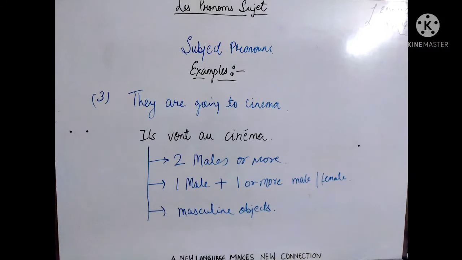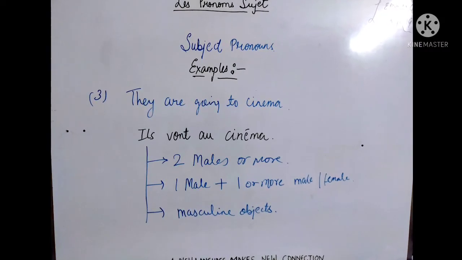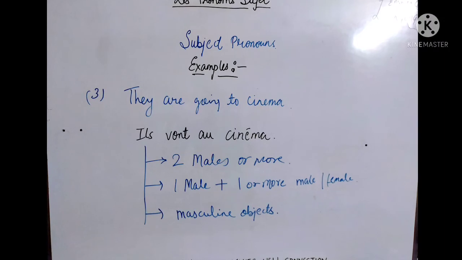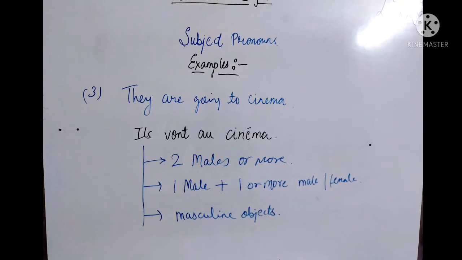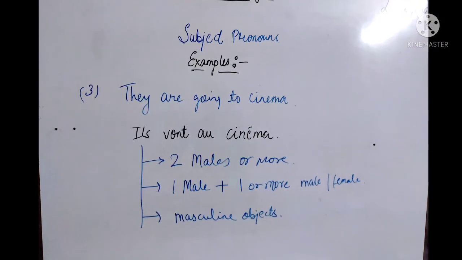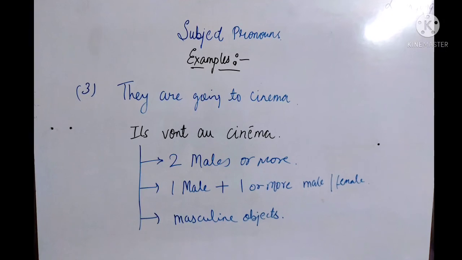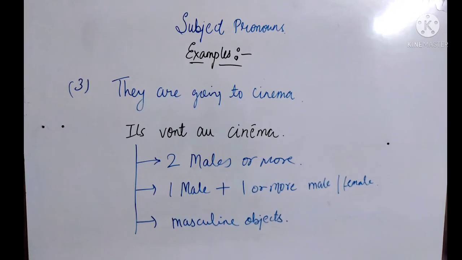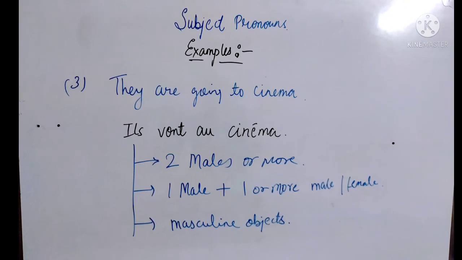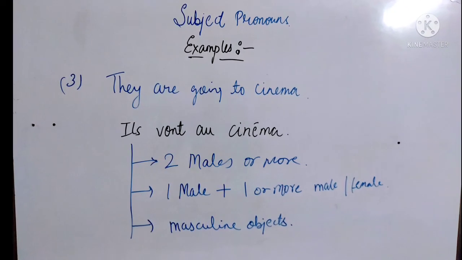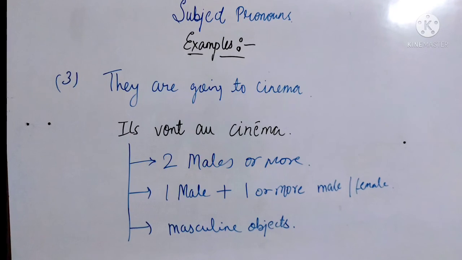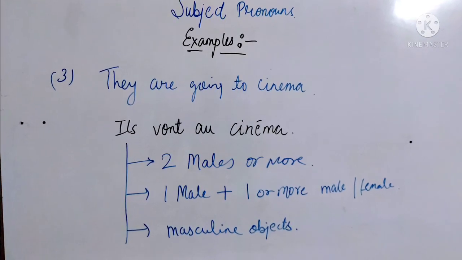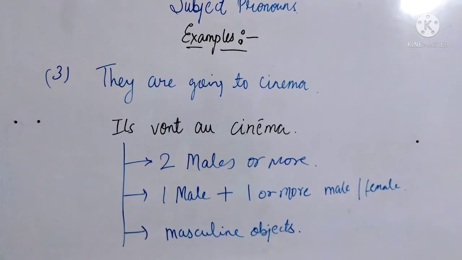Okay. Now, when to use ils? When there are two males or more, either one male plus one female or more females, or masculine objects. Masculine objects can be a computer, okay, then notebook. For the masculine objects, you can also use ils.